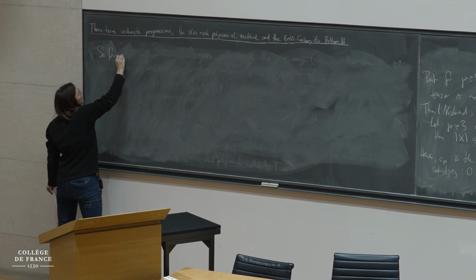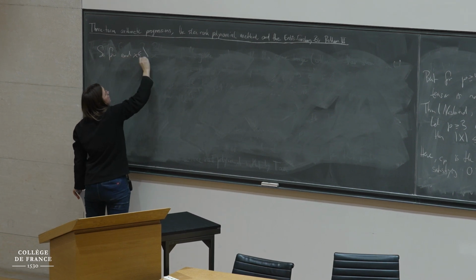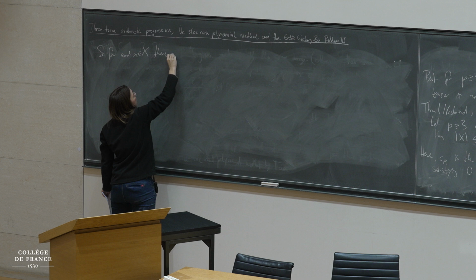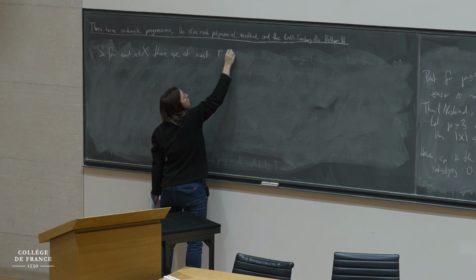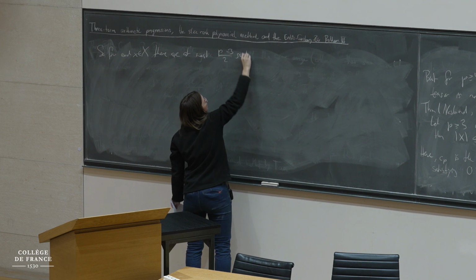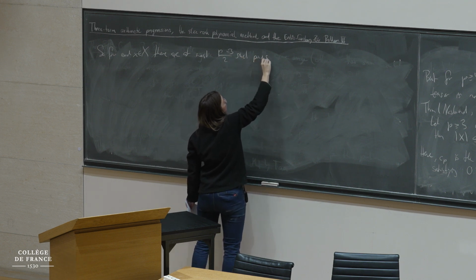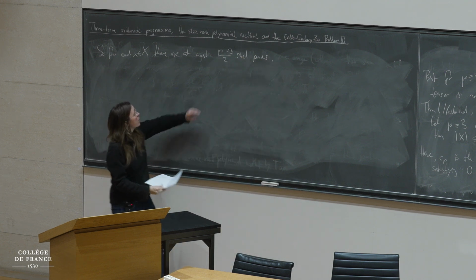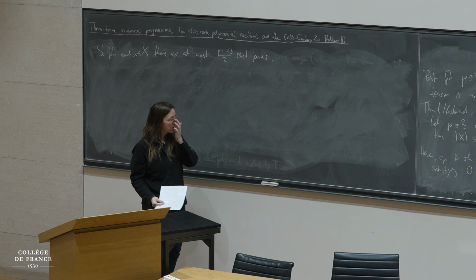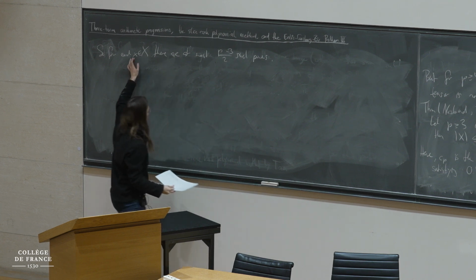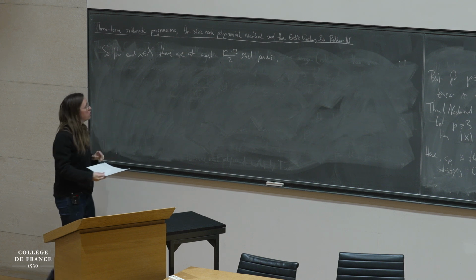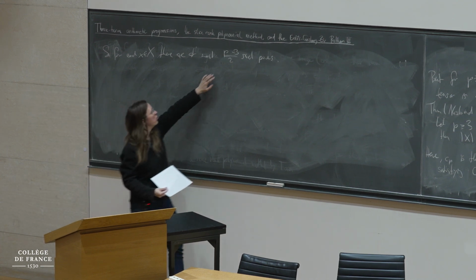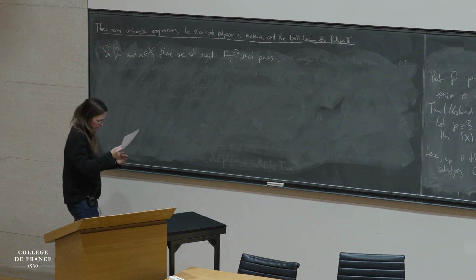So for each x in X, there are at most (p minus 3) over 2 such pairs. In other words, there are at most (p minus 3) over 2 three-term arithmetic progressions in X with this x as their middle term.